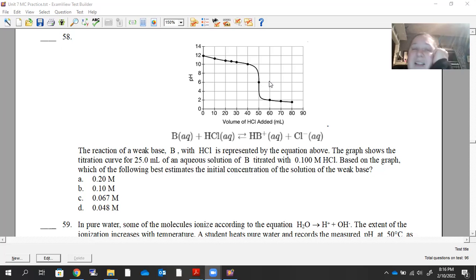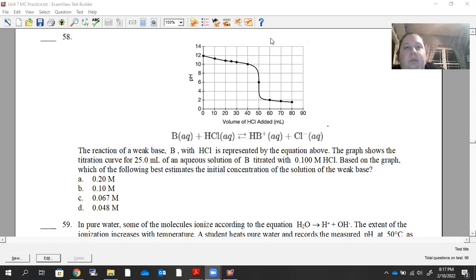So that's pretty much exactly the same math we just talked about. At the equivalence point, I know that I used 50 milliliters of acid, that acid is 0.1 molar, and I have 25 milliliters of the base. With those 3 pieces of data, I can figure out what the molarity of that base was at the beginning.